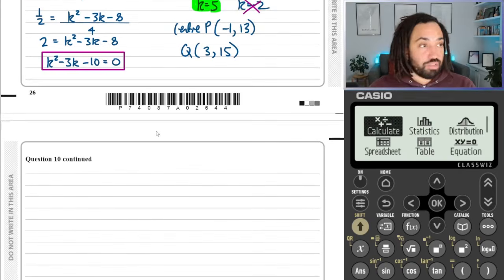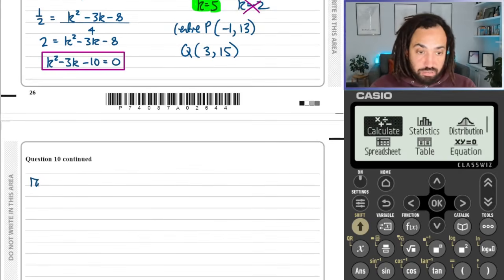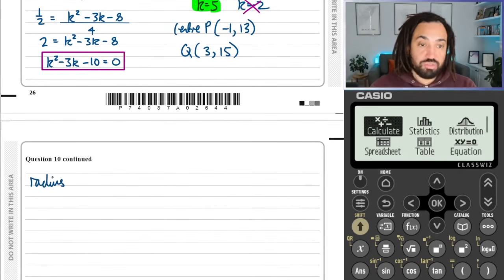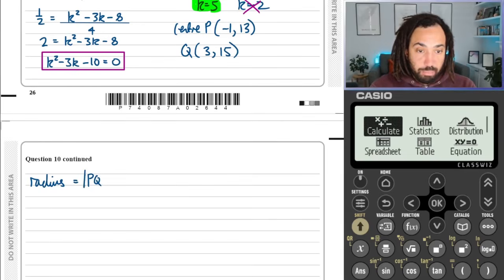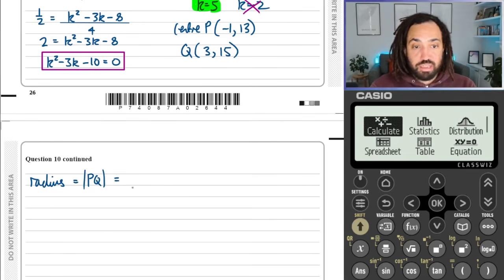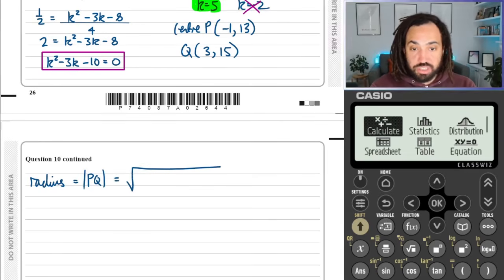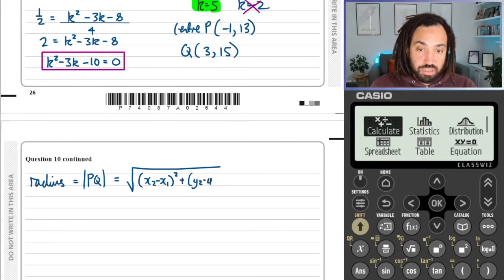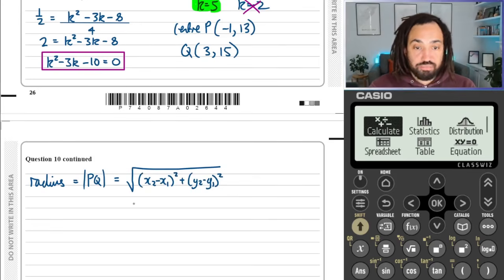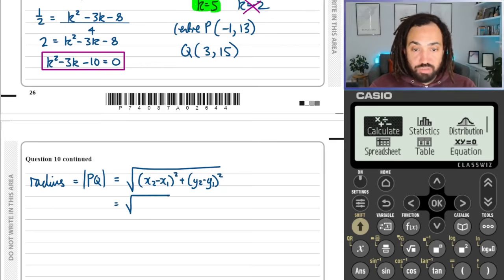So now what we can do is we can work out the radius, because of course the radius is just the distance between PQ. And in order to work out the distance, we just do the difference in the x coordinates squared plus the difference in the y coordinates squared, and then square root the whole thing.